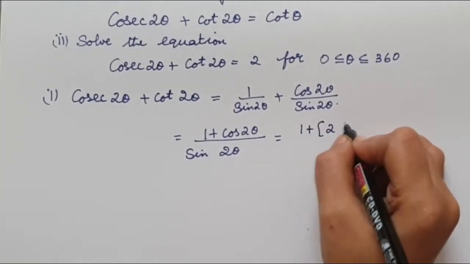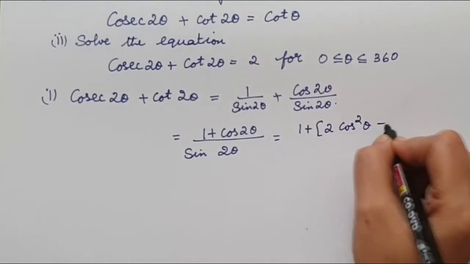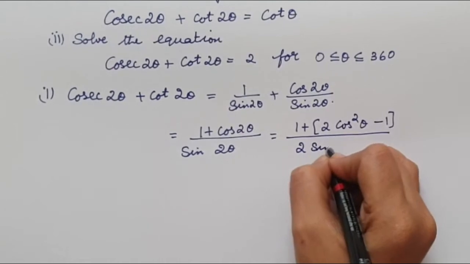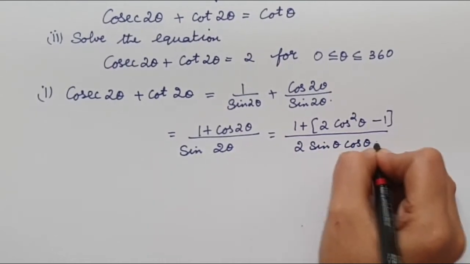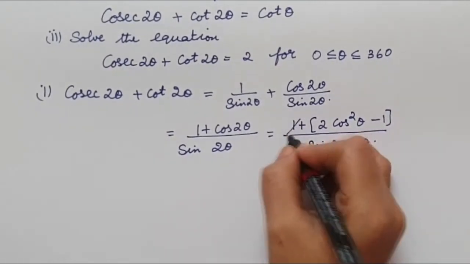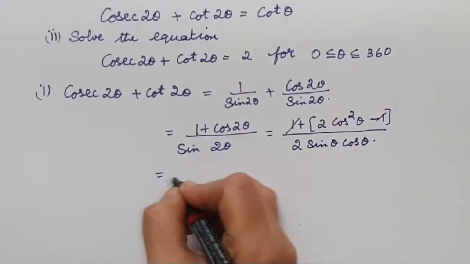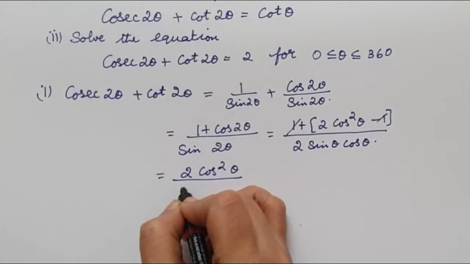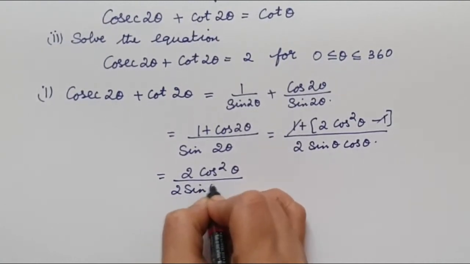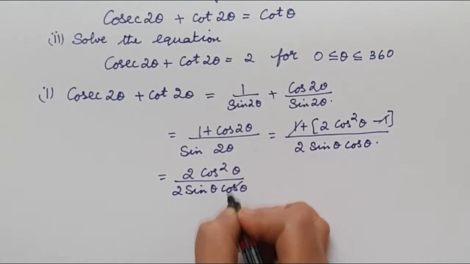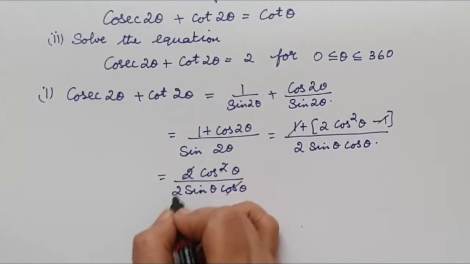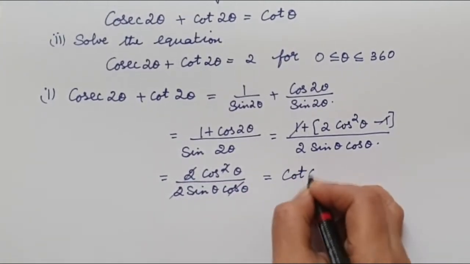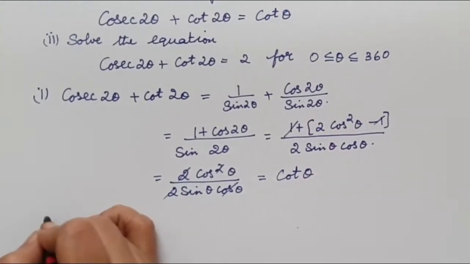So 1 plus 2 cos squared theta minus 1. Sin 2 theta can be written as 2 sin theta cos theta. So the 1 and minus 1 will get cancelled. We are left with 2 cos squared theta divided by 2 sin theta cos theta. Here one cos theta gets cancelled, and 2 gets cancelled. So cos over sin will give us cot theta. We have proved it.